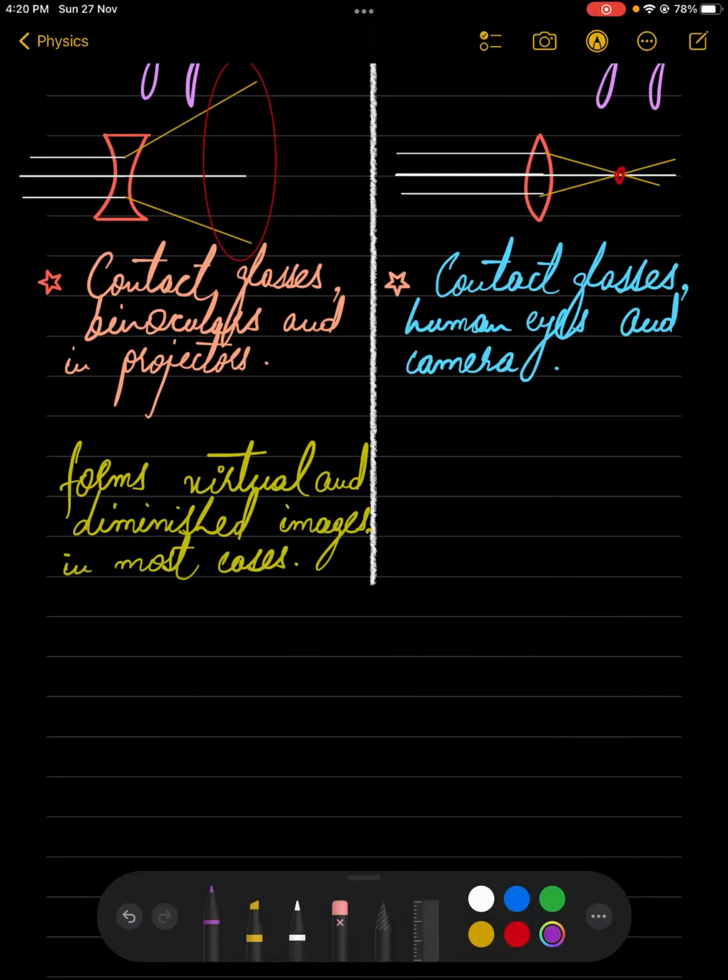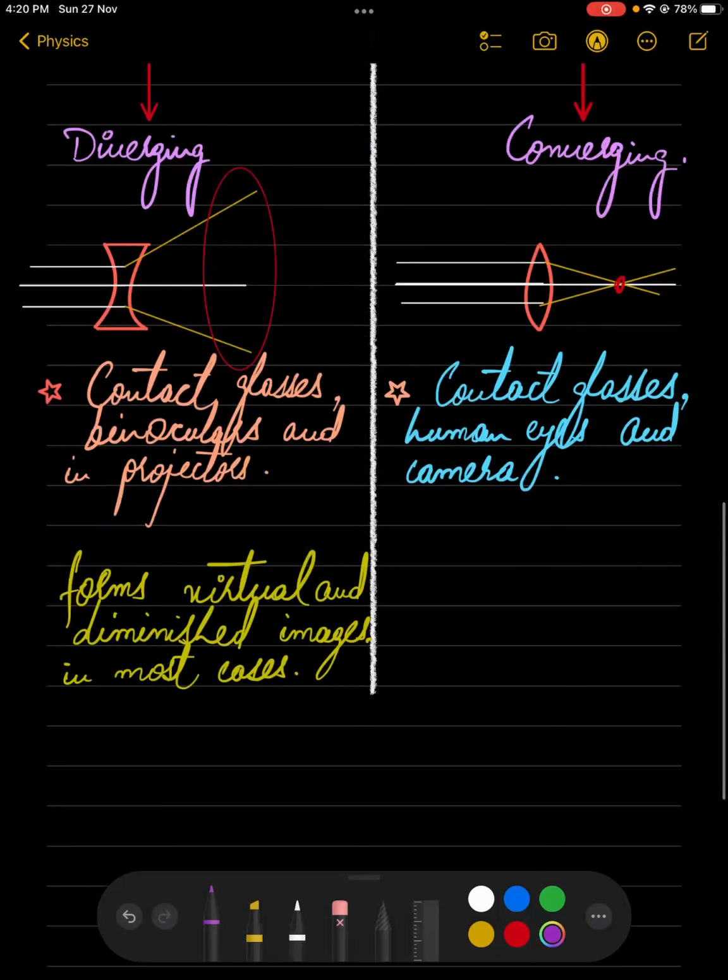Now coming to the converging lens or your concave convex lens, तो convex या जो converging lens है आपका ये हमेशा आपकी जो image बनाता है उसमें in most of the cases it will form real and magnified images.